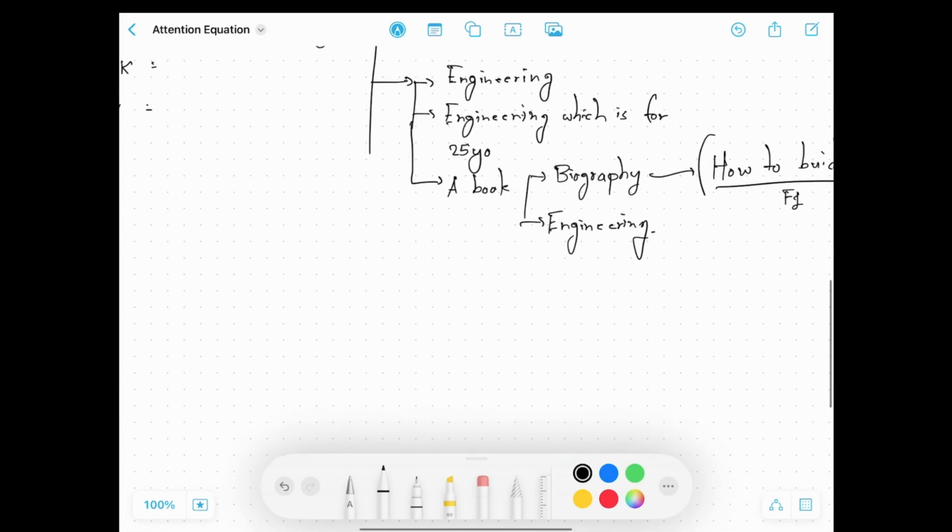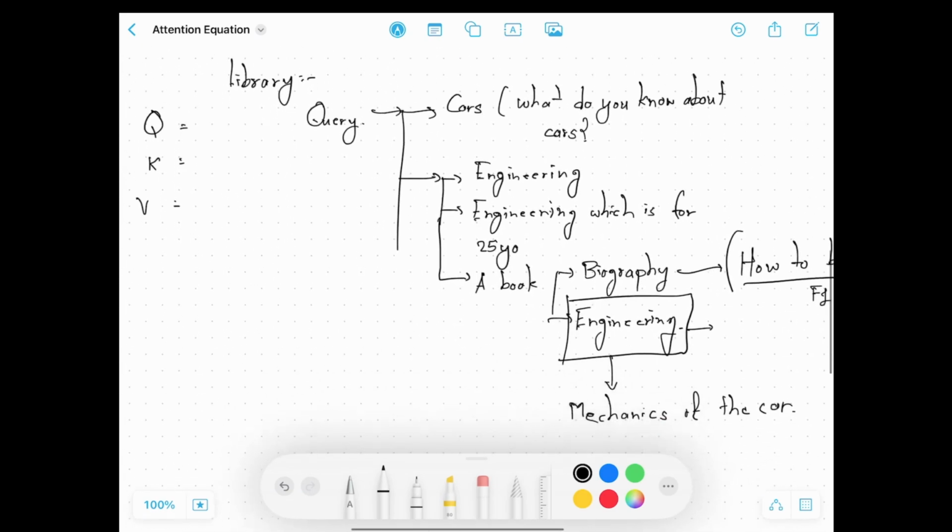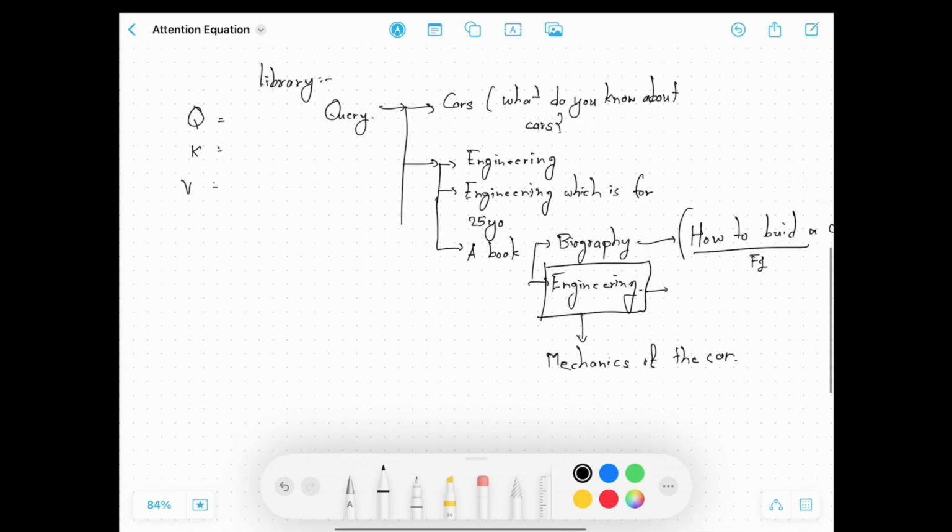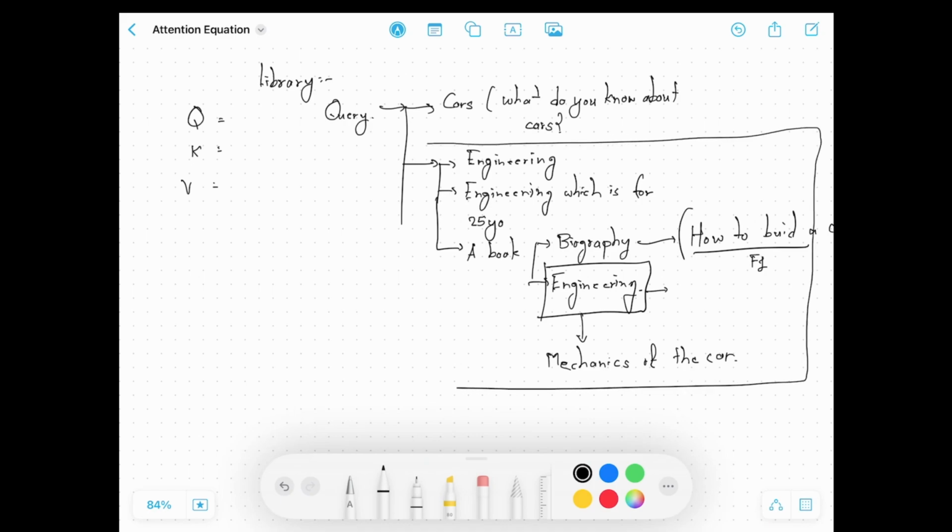Anyways, let's suppose I want to read this book, that I want to understand the mechanics of the car. As you can see, while going into the library, he will be looking at all these factors. There are many things that he will be looking at.